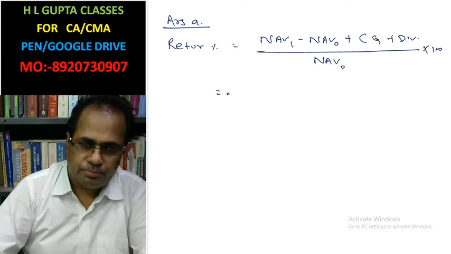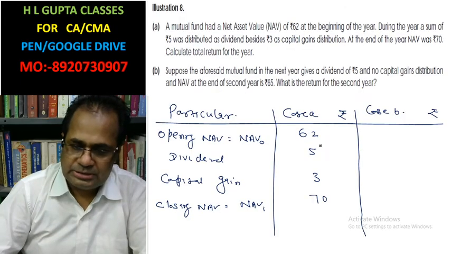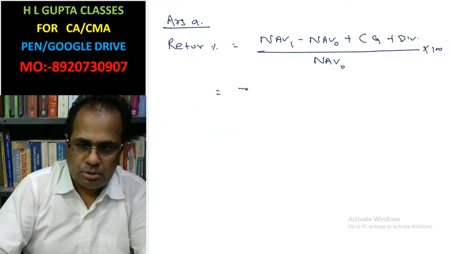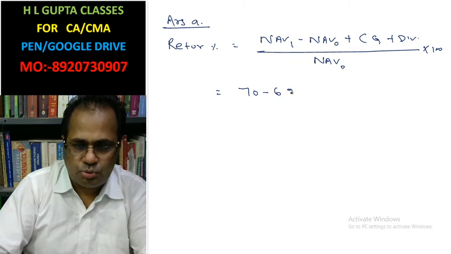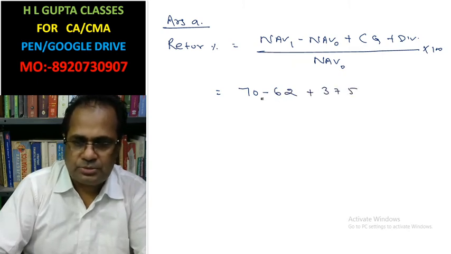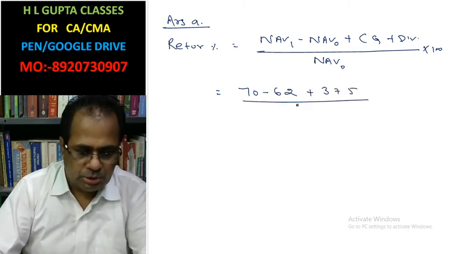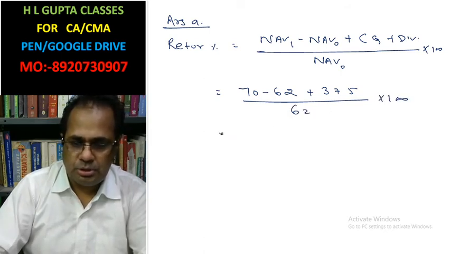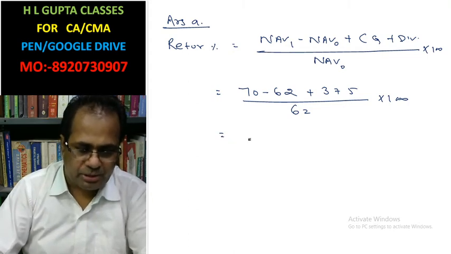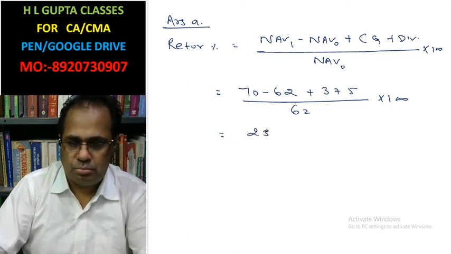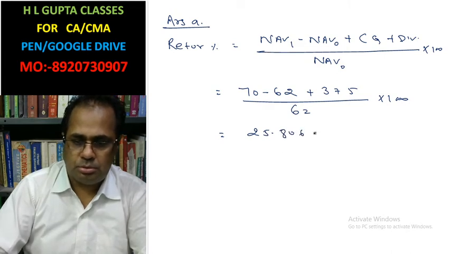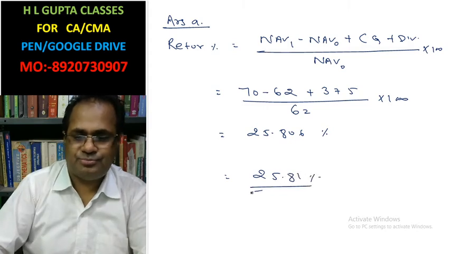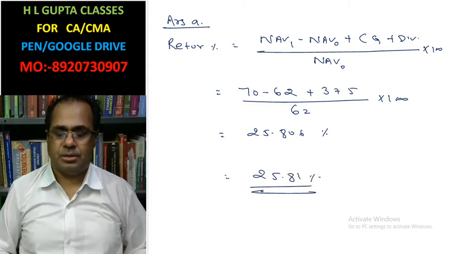This is 70 minus 62 plus 5 plus 3, whole divided by 62 into 100. This is 25.806, which can be written as 25.81%. This is the part A answer.